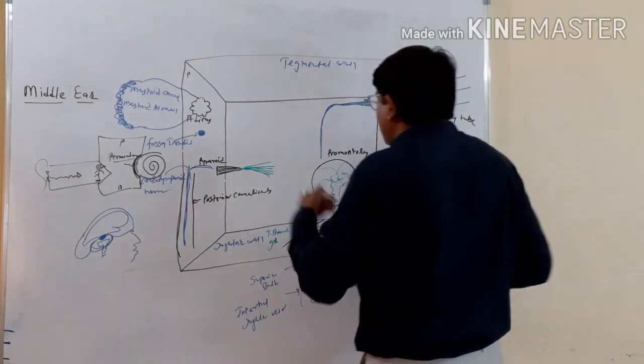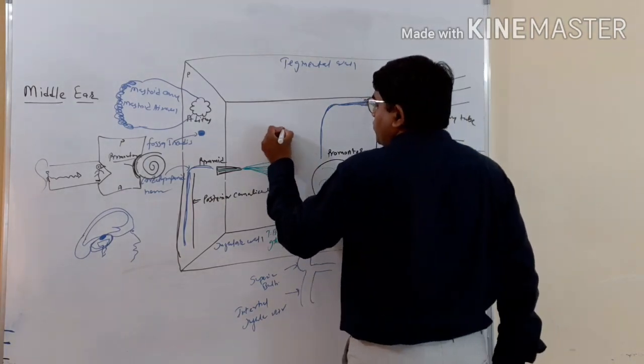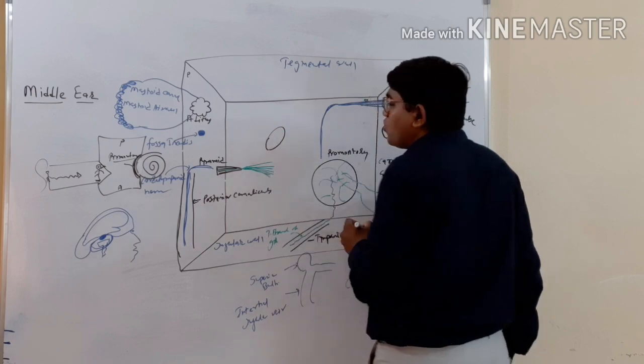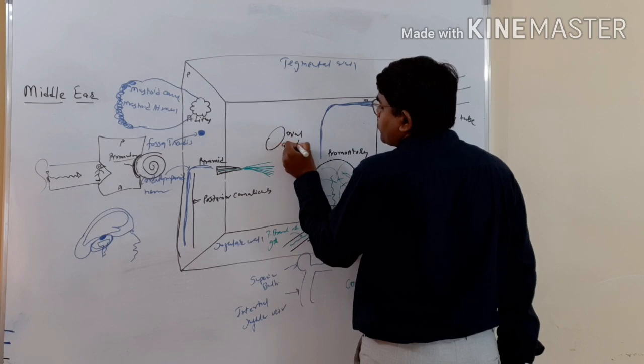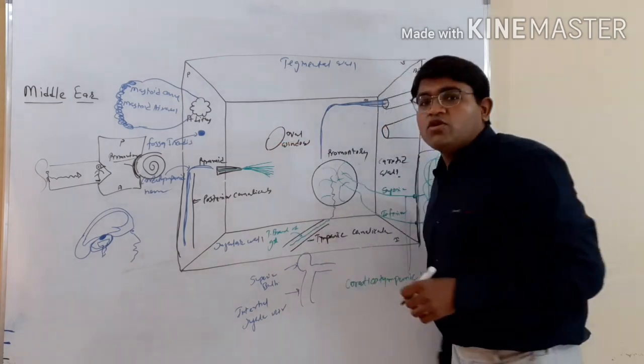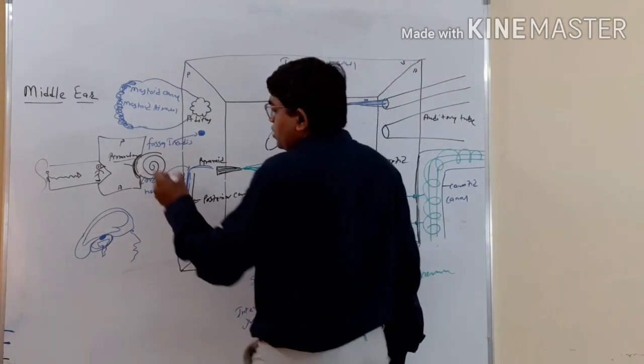On the posterior superior aspect of the promontory, there is one oval opening known as the oval window. This oval window opens into the vestibule.